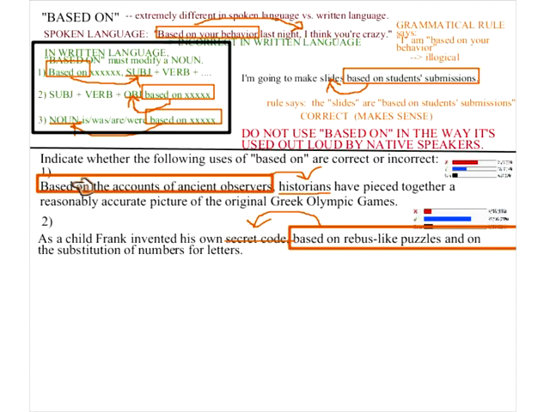All right. Diana, parallelism, if there is parallelism, then that's a separate issue, but it doesn't really affect whether or not based on is correct. I mean, if you have an issue of parallelism, that's just an entirely separate issue.